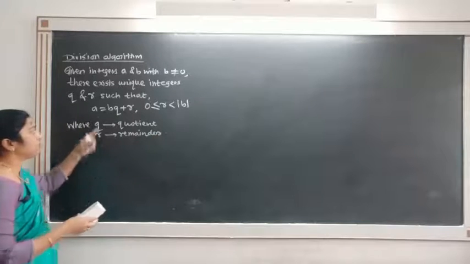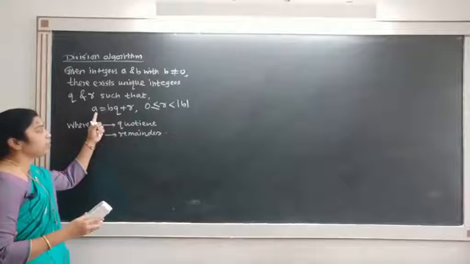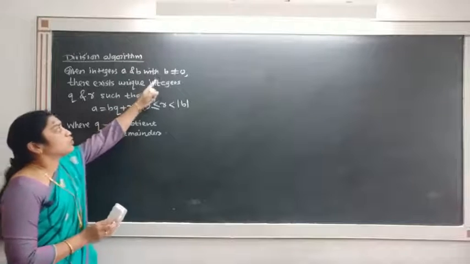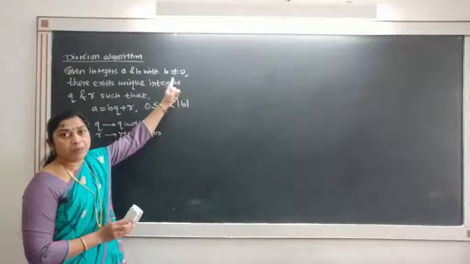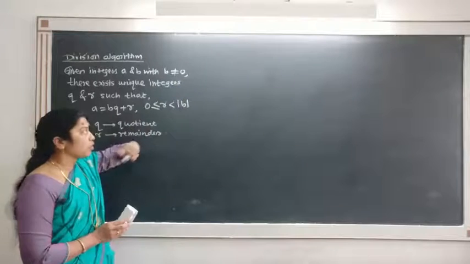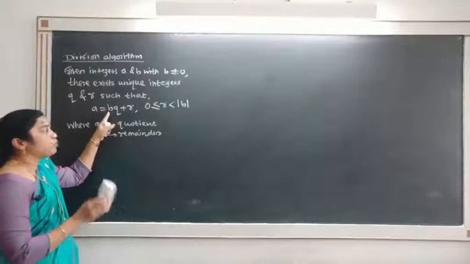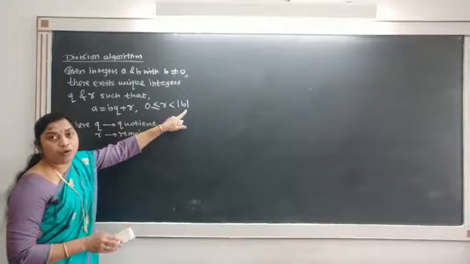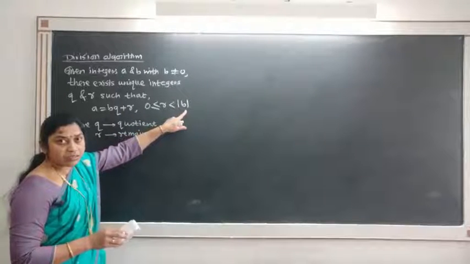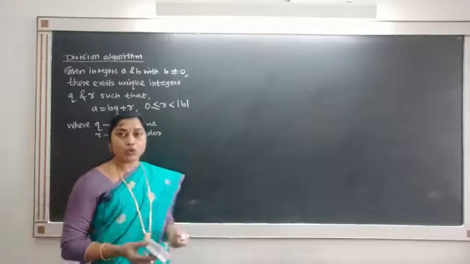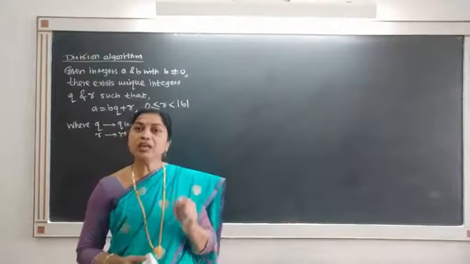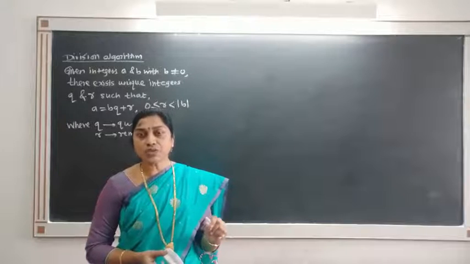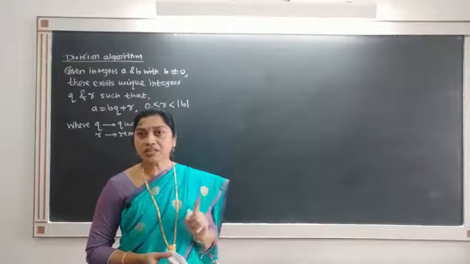When we divide a by b, the condition on b is not equal to 0. When we divide by b, the remainder should be less than mod of b. That is, if you divide any integer by 2, the remainder is either 0 or 1 because it is less than 2.